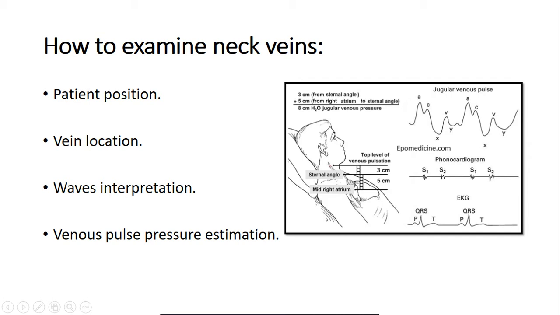Suppose it's 3 centimeters, add 5 centimeters to the mid right atrium, and it will be 8 centimeters H2O jugular venous pressure, which is physiological.